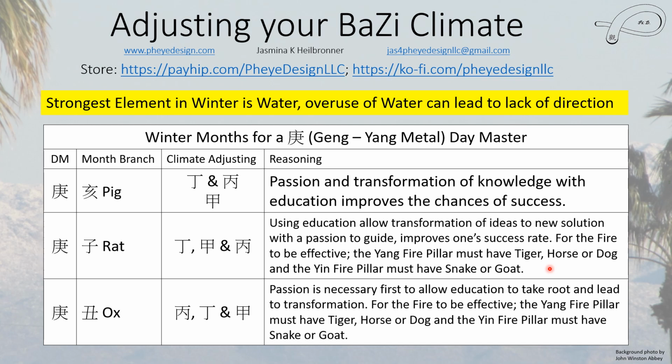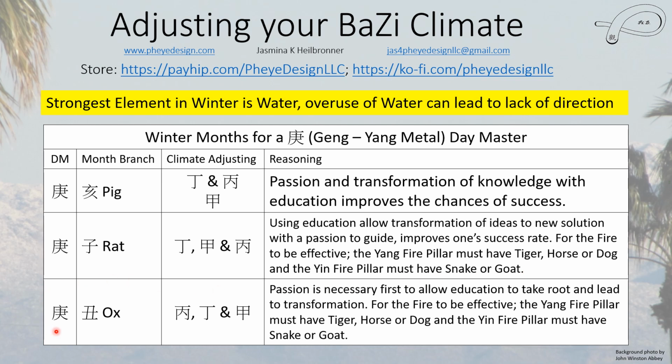If you do not have one of these pillars, and I would say the chances are about 50-50, I guess, then you have to work harder. You have to apply yourself, finding a passion more strongly. And again, passion might be a little bit hard because this is winter, it's very cold, and passion is heat. So you may have to work harder to find a passion, but it's worth it.